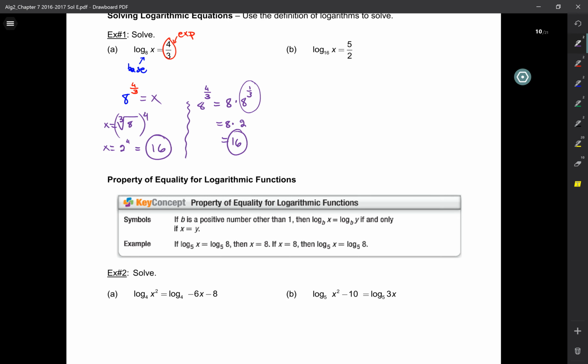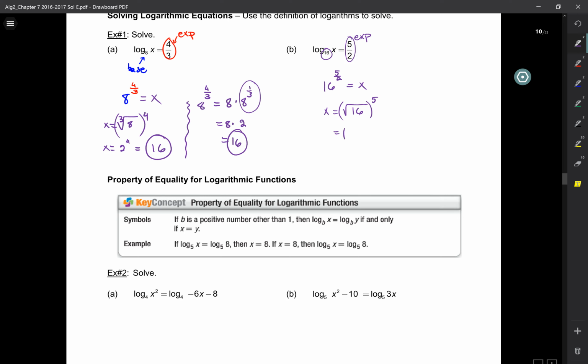Let's move on to the next one. All right, so this is, 16 is the what? The base, and this is the exponent. So 16 to the power of 5 over 2 is equal to x. All right, so let's simplify this. X is equal to the square root of 16 now to the power of 5.